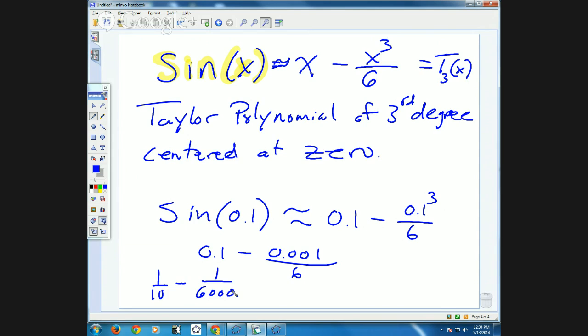So if I just multiply this one by 600 over 600, then this is equal to 600 minus 1, which is 599 over 6,000. And should I do that division by hand? We can do it without. I did enough arithmetic. What is that approximately?